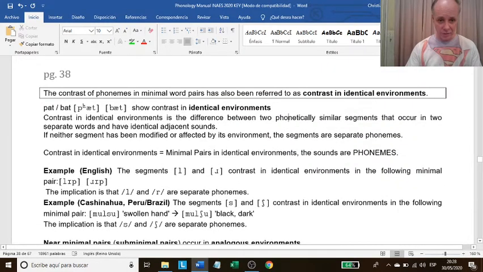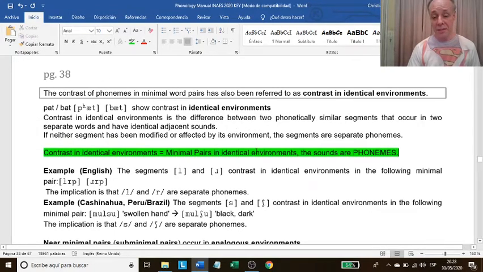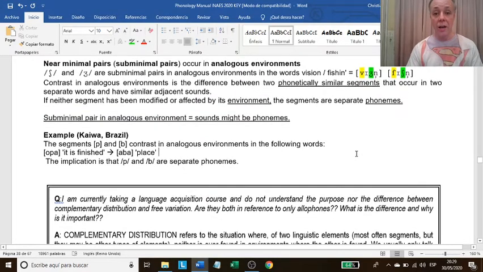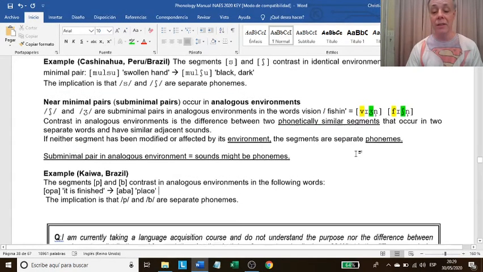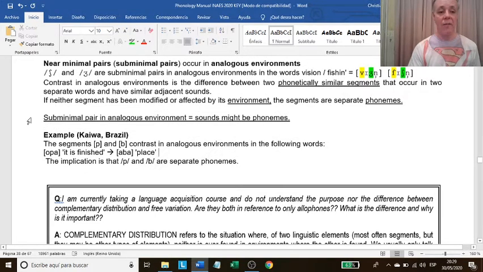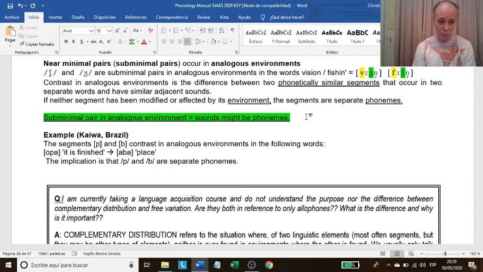Contrast with the first one. Contrast in identical environments or minimal pairs in identical environments, the sounds are phonemes. If I find minimal pairs with the sounds that I'm studying, it means that the sounds are phonemes. If I find a sub-minimal pair with the sounds that I'm studying, I know they might be phonemes. It's highly likely that they are phonemes, but I'm not 100% sure.